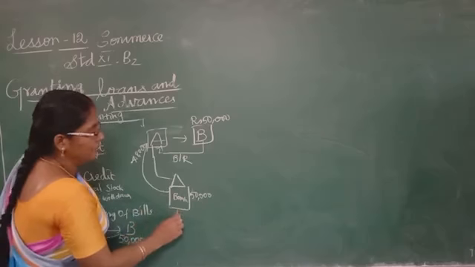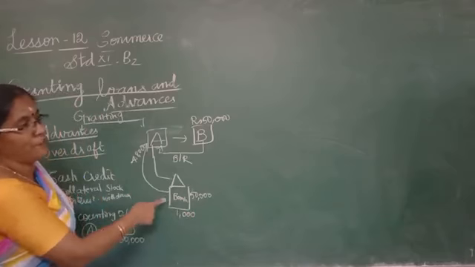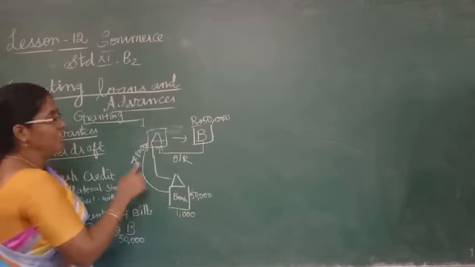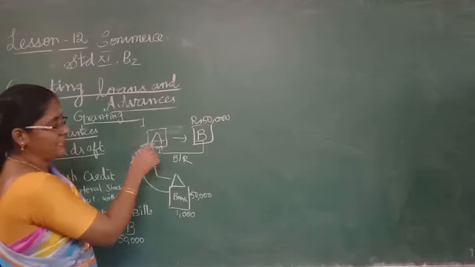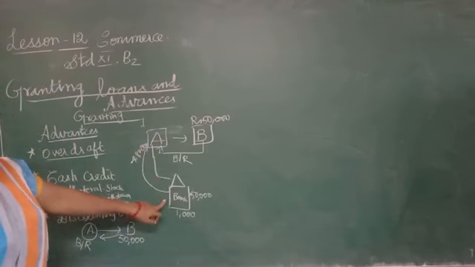The 1,000 rupees is the processing charges. That is the profit for the bank. Isn't it? So 49,000 rupees he received. Because why is he taking the bills receivable to the bank?